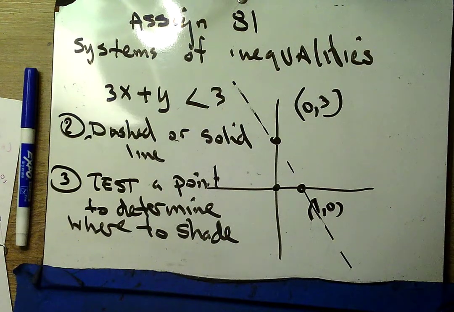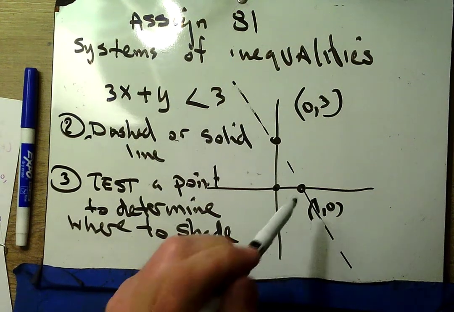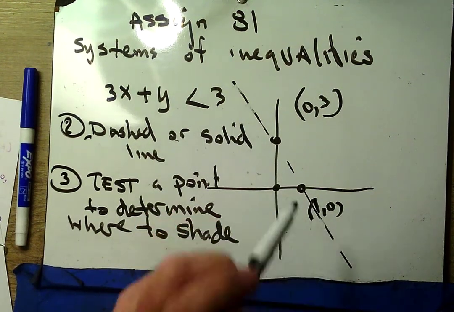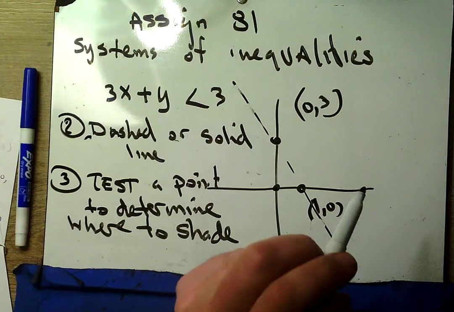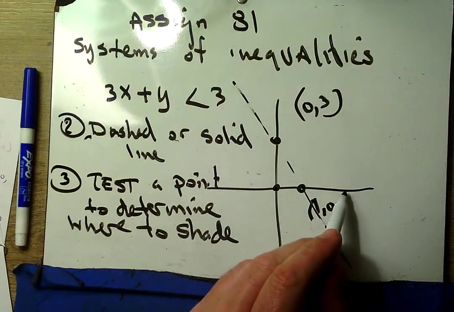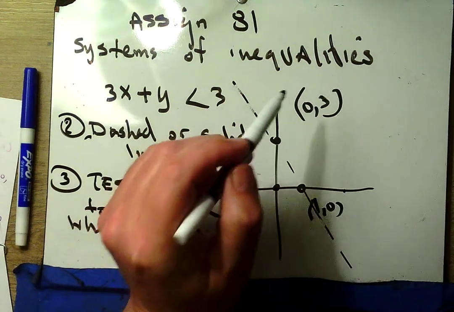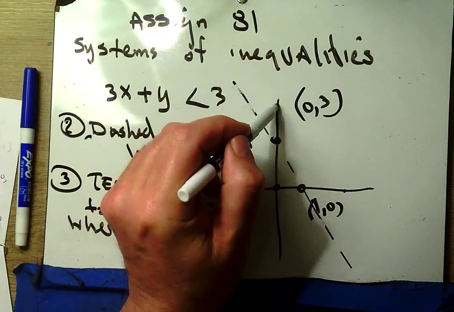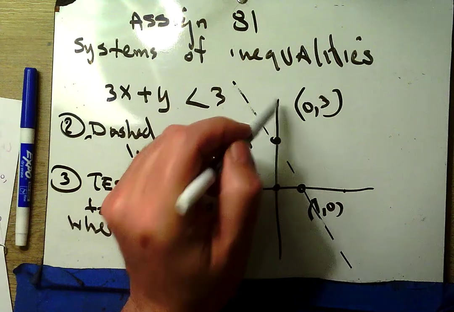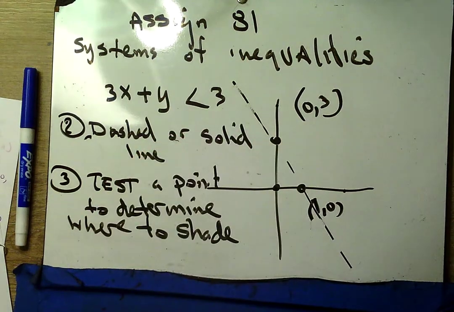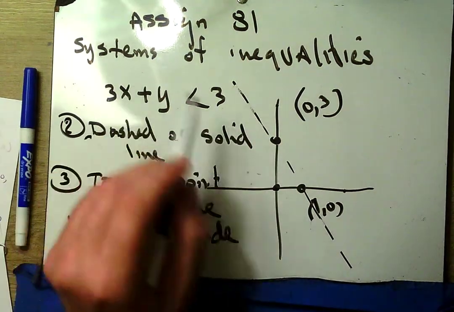But as long as the graph doesn't pass through (0, 0), you can use (0, 0) as a very easy test point. If the graph does pass through (0, 0), then I look for another point, either on the x-axis, so that y equals 0, or on the y-axis, so that x is 0, that I can use as a test point. Well, let's see what happens when we plug in (0, 0).